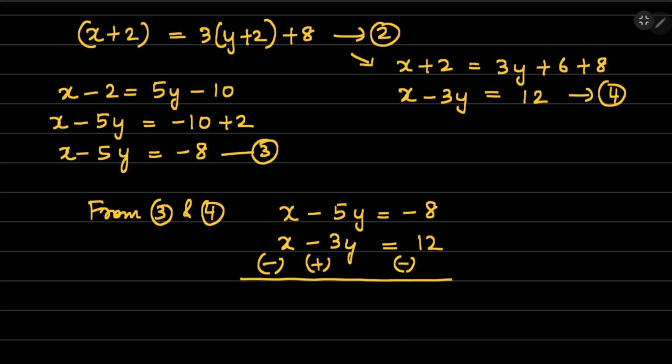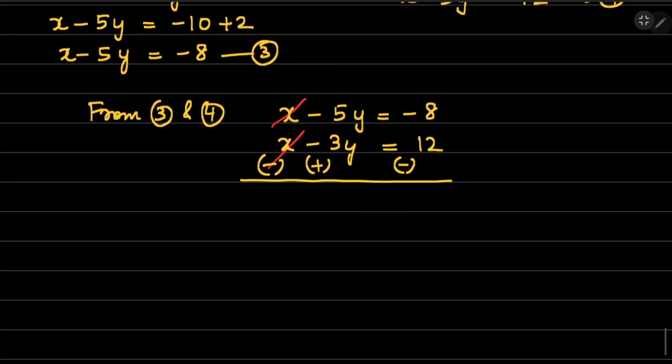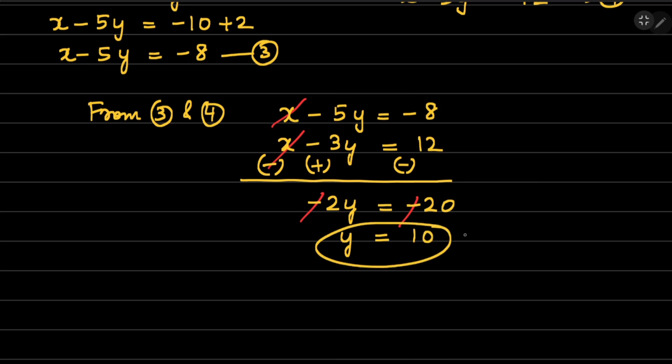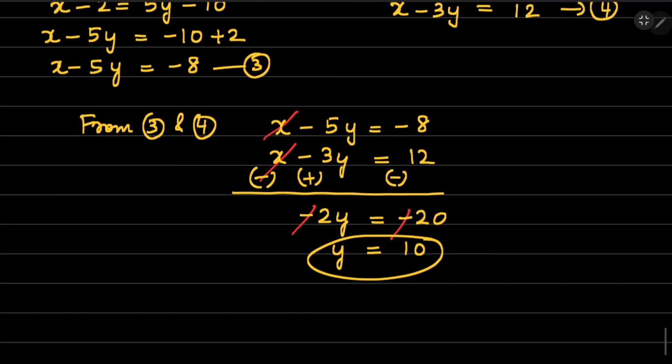So x minus x will get cancelled. Minus 5y plus 3y is minus 2y equal to minus 8 minus 12, which is minus 20. Again, the negative sign on either side will get cancelled. y is equal to 20 by 2, which is 10. So this is the age of the son. What is y? The present age of the son.